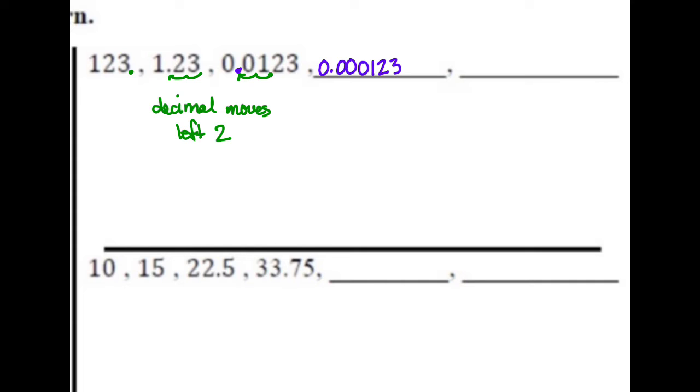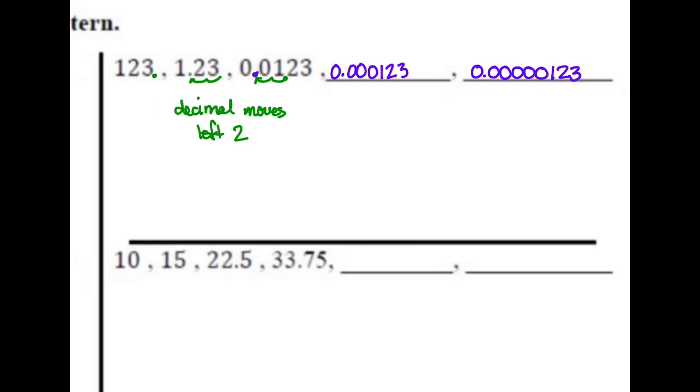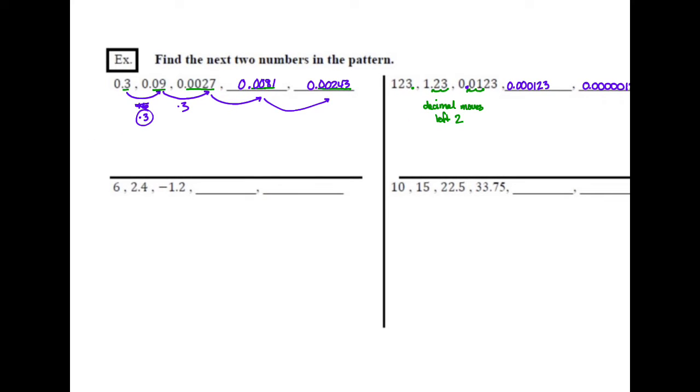Okay, so 2 more places over means I need to add 2 more zeros right in there, right? So instead of 3 zeros before the 1, 2, 3, we're going to have 5. Okay, so in this case, the decimal was the pattern. In that first one, we had to do something with the numbers and the decimals.